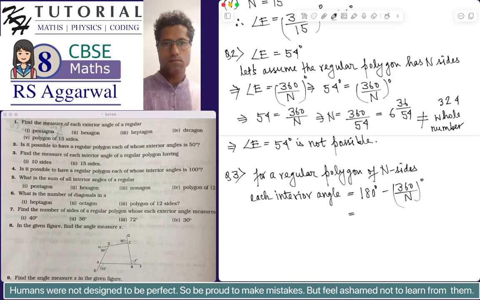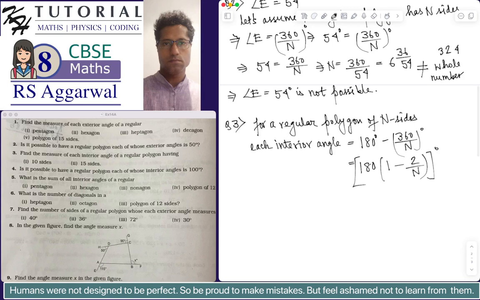If we take out 180 as common, we get 180 times (1 minus 2 by n) degrees. This is equal to 180 multiplied by (n minus 2) whole divided by n degrees, where n is the number of sides of the regular polygon. So, this is the formula for each interior angle of a regular polygon of n sides.